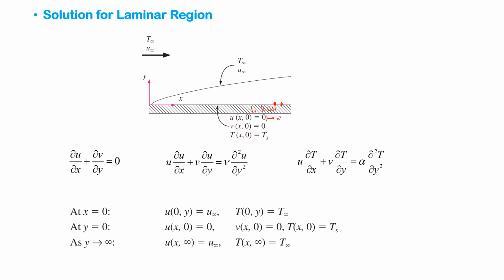This is velocity in the X direction, this is velocity in the Y direction. The velocity in the Y direction is also 0 here, since the molecules are stuck and will not move when Y is equal to 0. And the temperature at the surface is Ts. So these are the boundary conditions. And we have the continuity equation, Navier-Stokes equations, and energy balance.